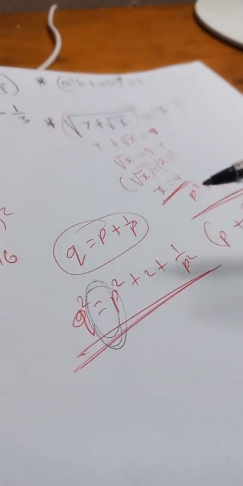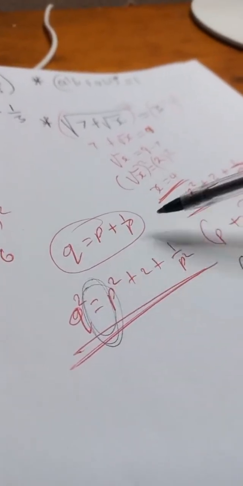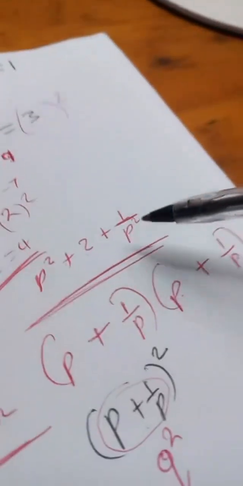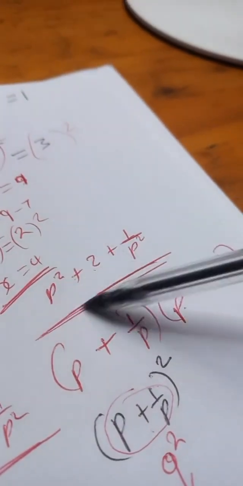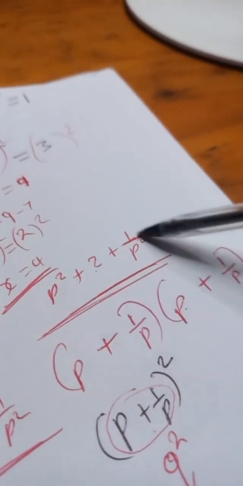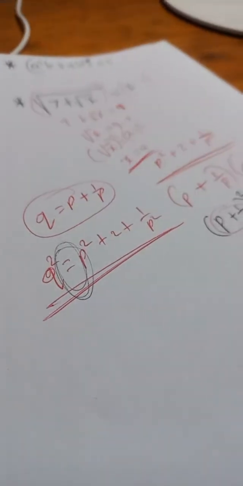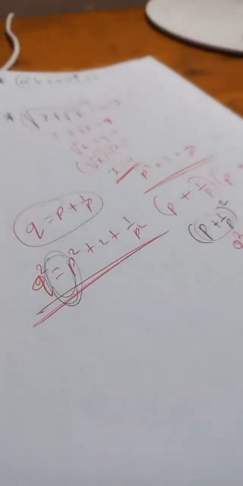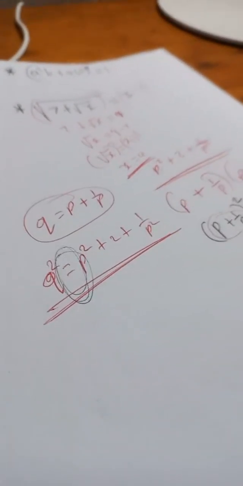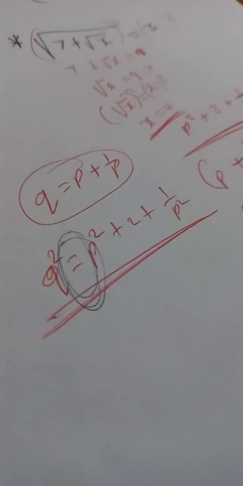Remember our question said that we need to replace this expression in terms of what? In terms of Q. So the equal sign is there just to say Q squared is the same. Q squared will give us the same answer as this equation. So they are at par. That's why we are putting an equal sign.